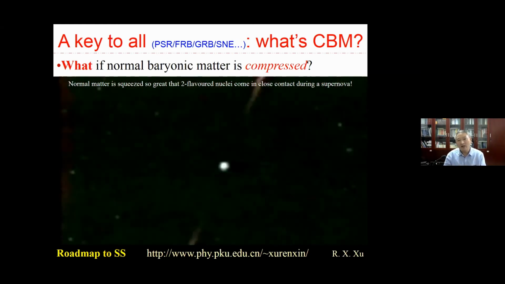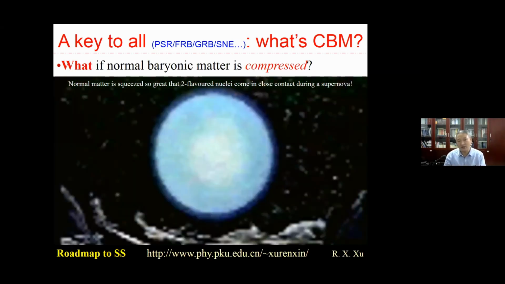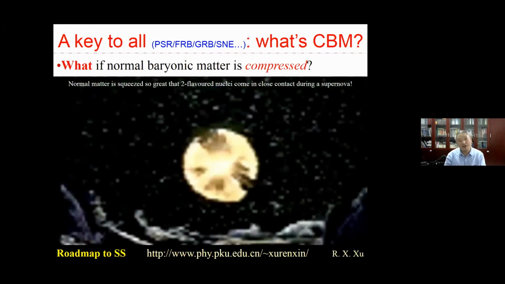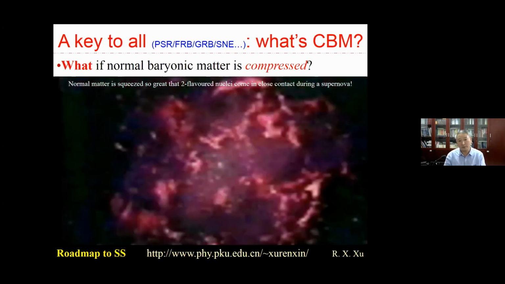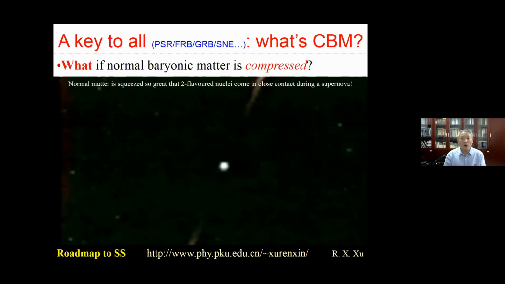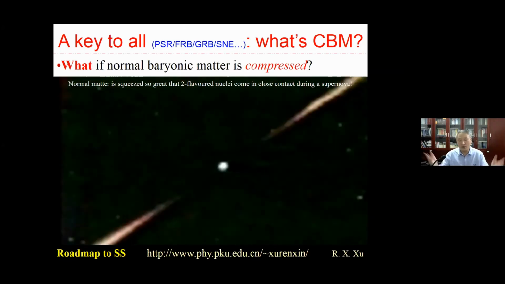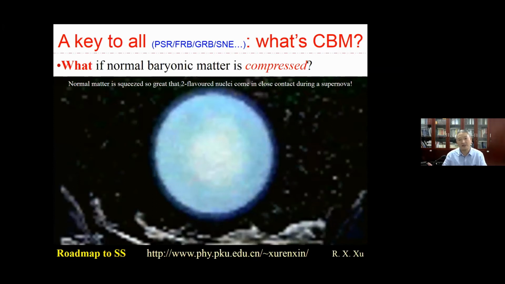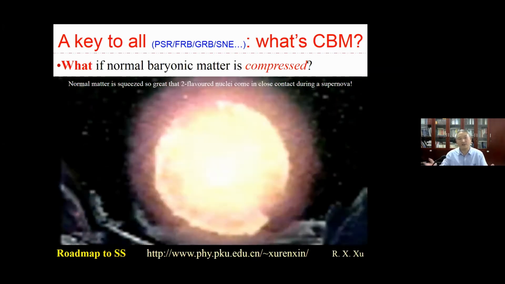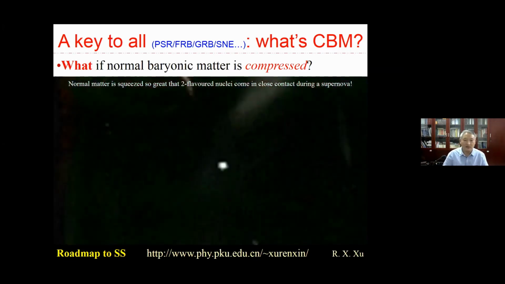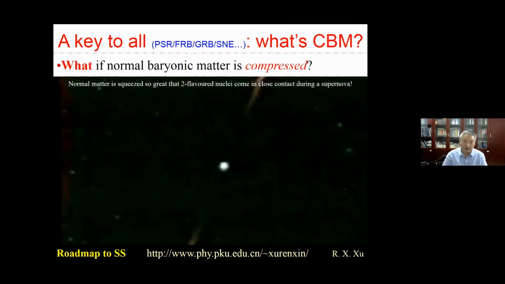Eventually, we have a matter with density around the nuclear density, or even higher than the nuclear density because of gravity. This is the so-called compact star or neutron star, manifested as a pulsar.